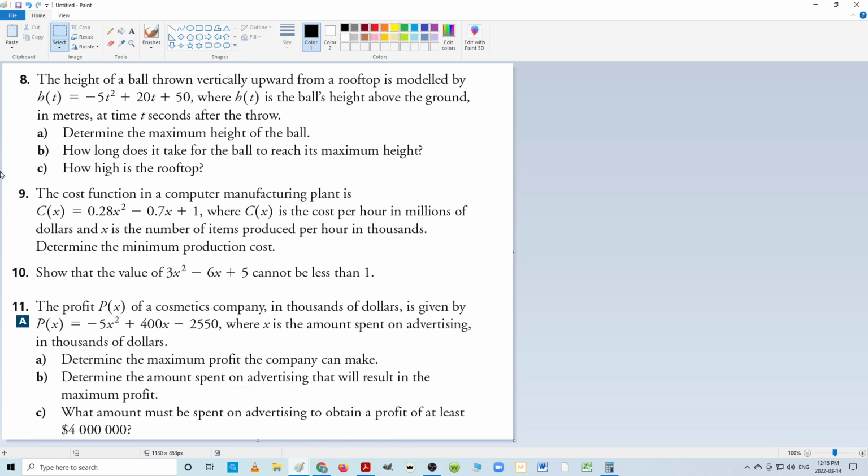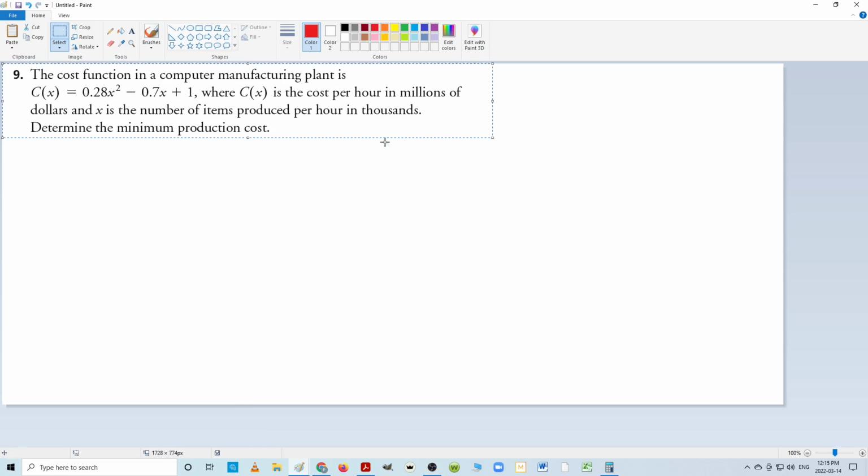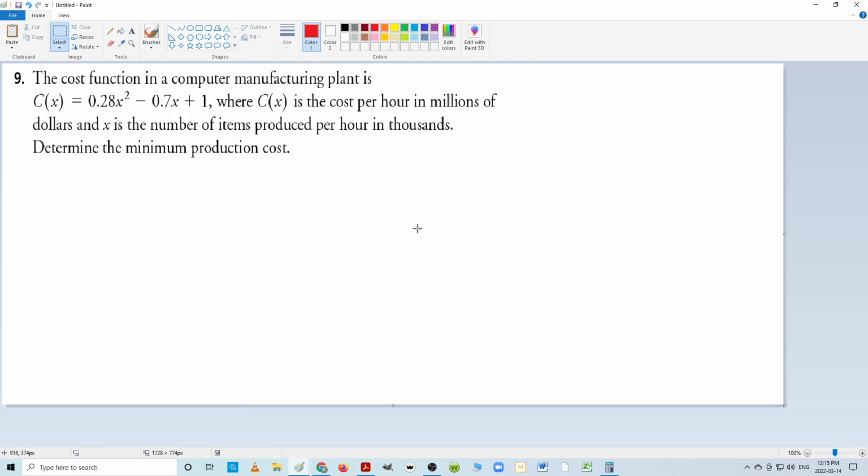Here's a cost function. Cost function is just how much will it cost you to manufacture something, and it's usually a negative value. In this case, it's a positive value, so we have an upward facing parabola, and that's because they're looking for the minimum product cost, which means if you think about it, they're looking for the vertex.